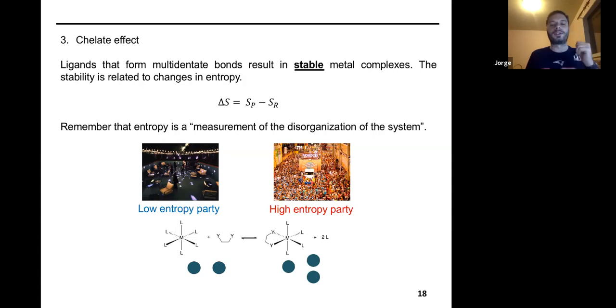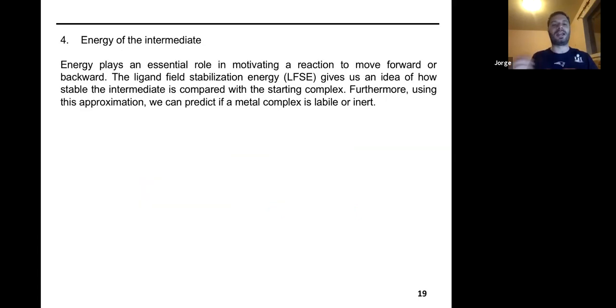Okay, so we saw the influence of size, oxidation state, and now the chelate effect on the inorganic reactions. Let's move on to the fourth point, which is the energy of the intermediate state.